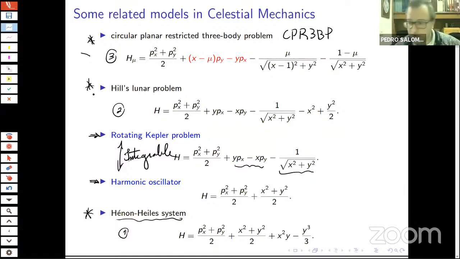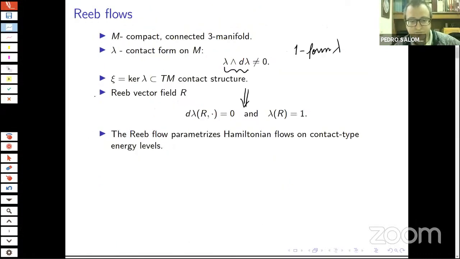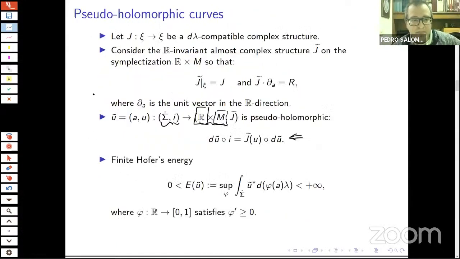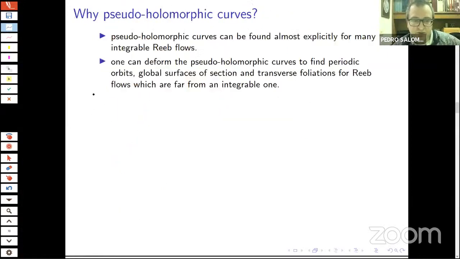We are slightly above the critical energy level. So that's the main reason we consider the Euler problem.